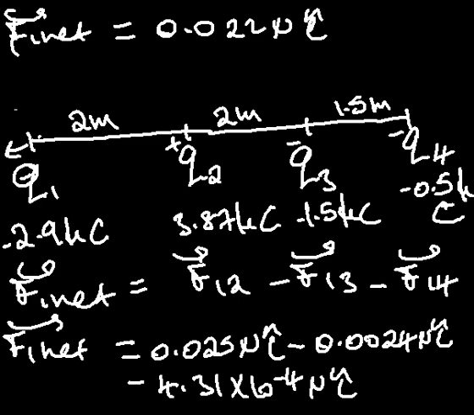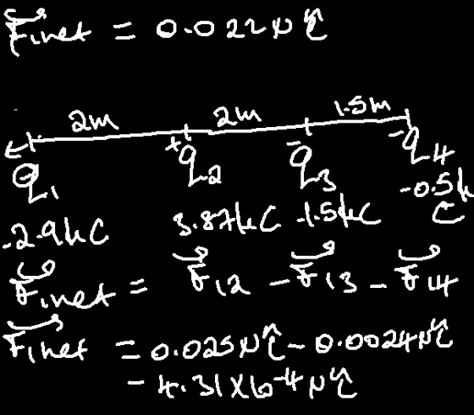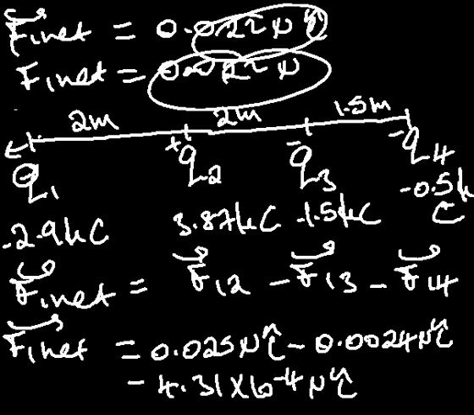So this is how it will be in vector notation. But now, what is the net force? The net force, F1 net as a magnitude, will just be given as 0.022 newtons. So this is the magnitude and this one is the vector.